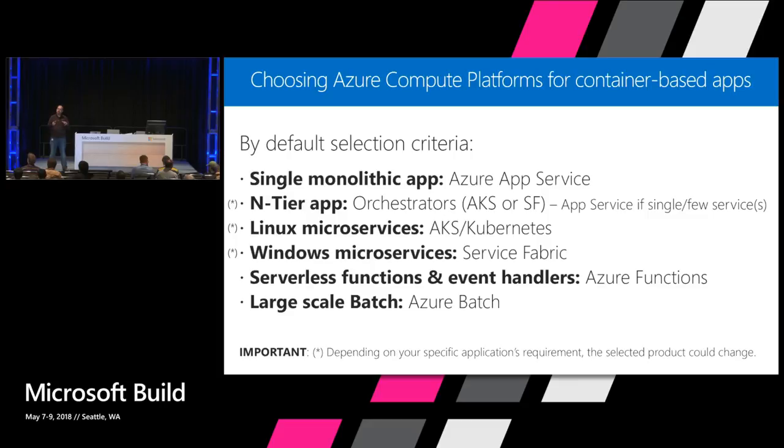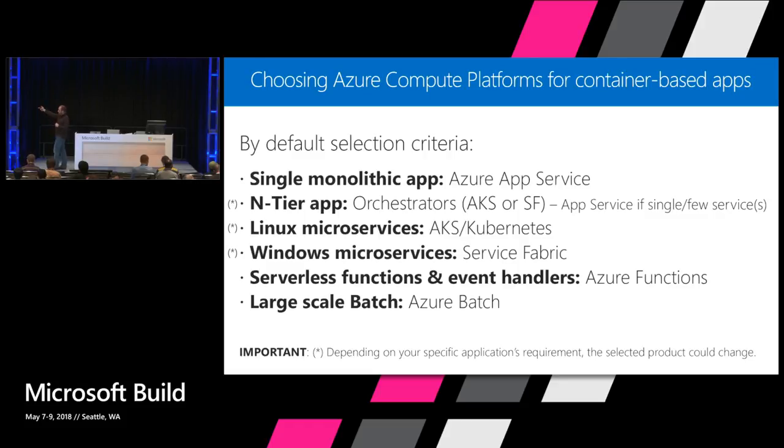If you have coarse-grained services, like just a single backend, or maybe just very few services, I could still use app service. If it is going more to SOA or more fine-grained, more complex services, heading to microservices, I would then use an orchestrator, either AKS with Kubernetes or Service Fabric.